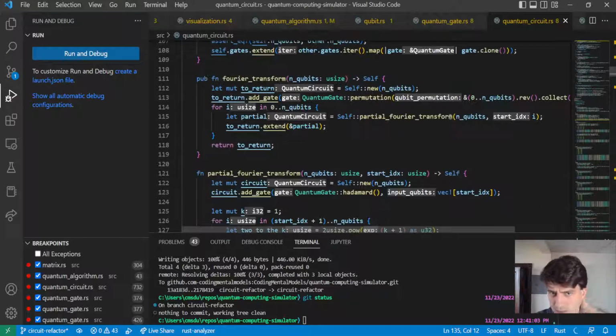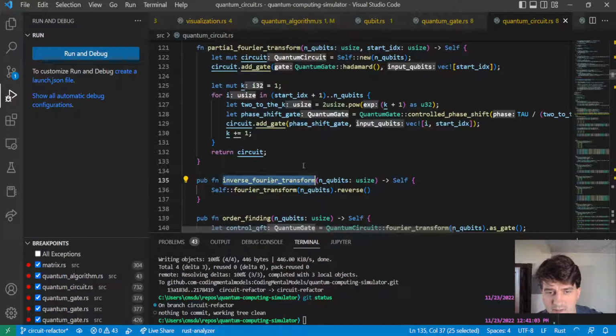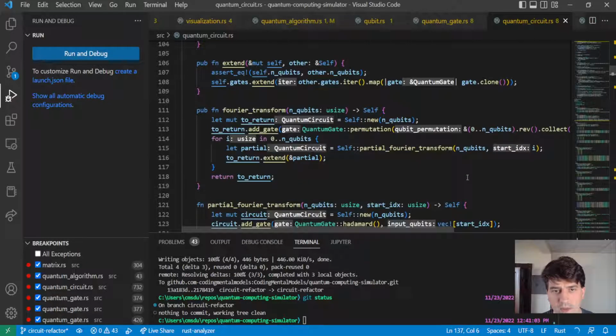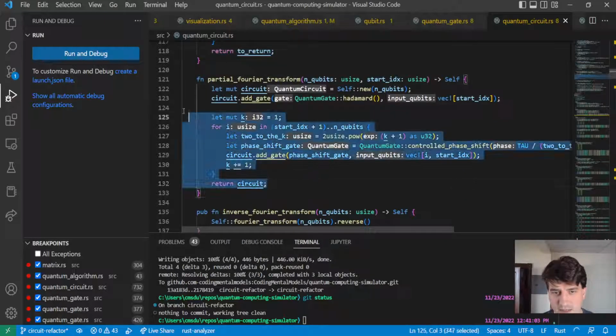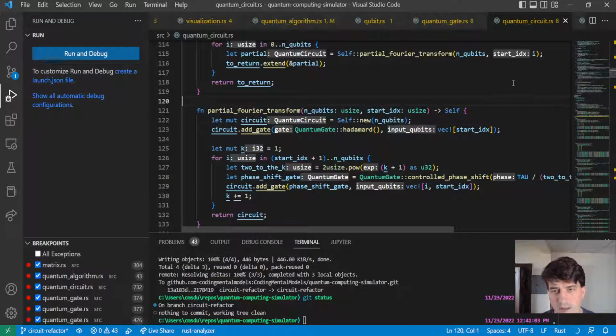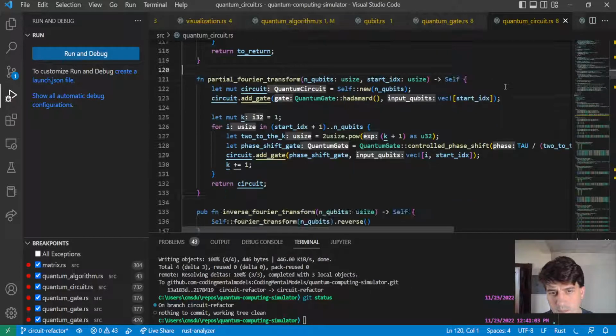And so what we should be able to do is, instead of implementing inverse Fourier transform as just the inverse of a regular Fourier transform, we can implement it analogously to this. I guess we're trying to invert a bunch of matrices in here.